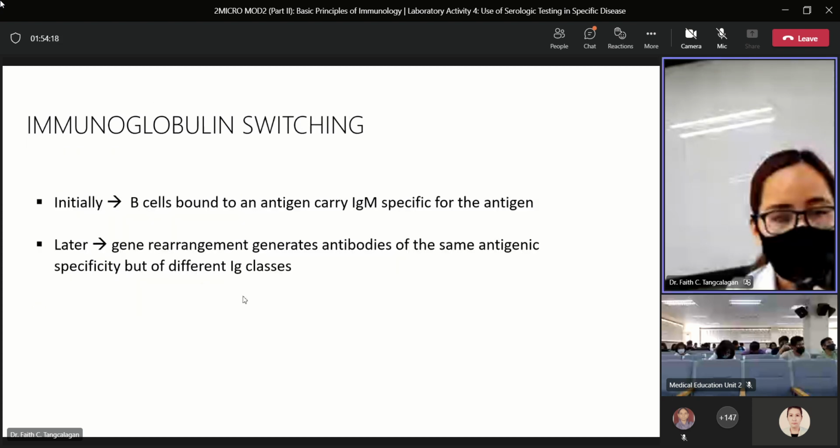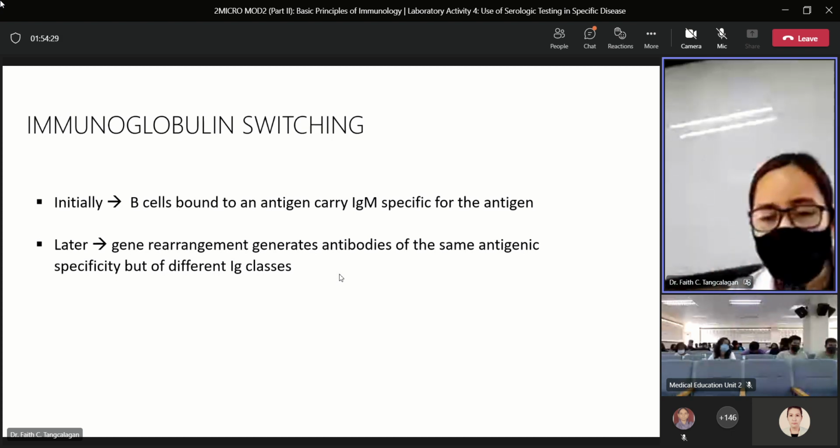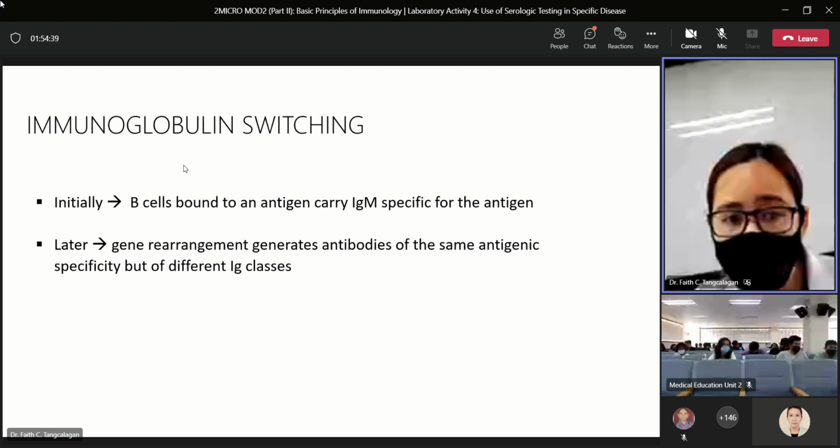So for immunoglobulin switching, actually this is what happens. Initially, your B cells bind to your antigen, and they carry IgM specific for that antigen. But later on, there's this immunoglobulin switching that's happening because of gene rearrangement.